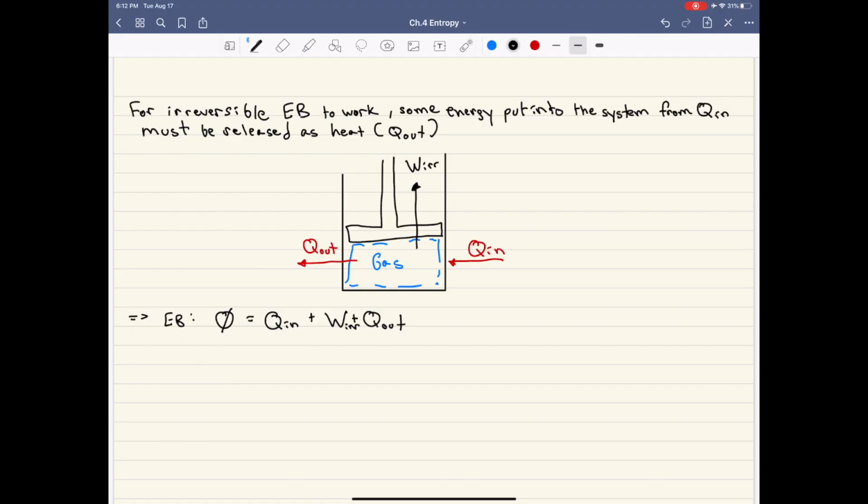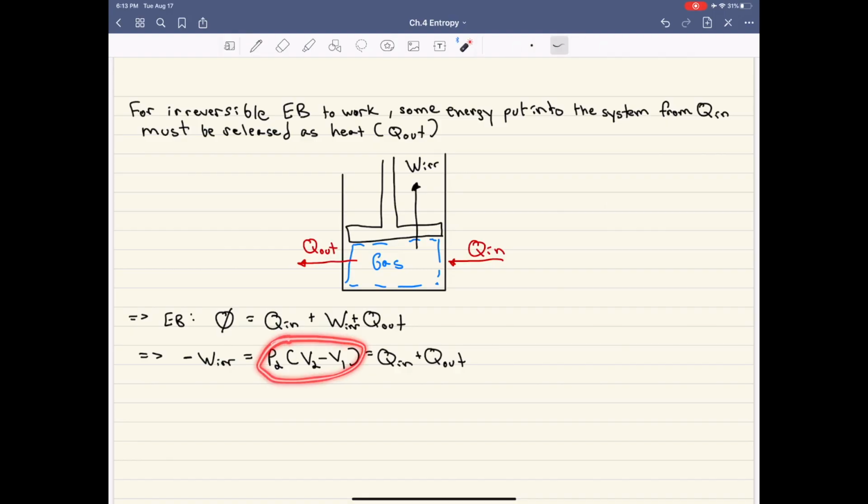If we move WIRR to the left-hand side, we know that's equal to P2 times V2 minus V1, and that's going to be equal to Q in plus Q out.